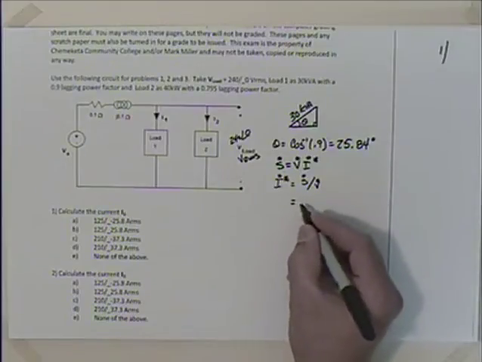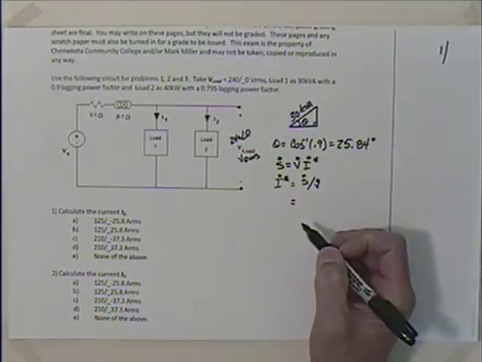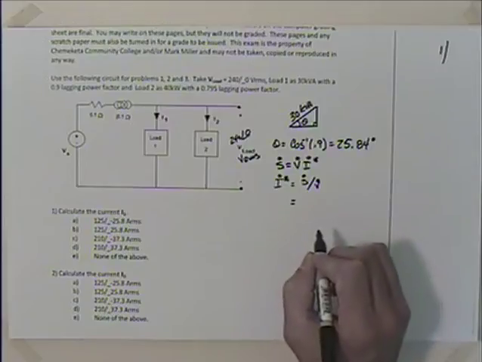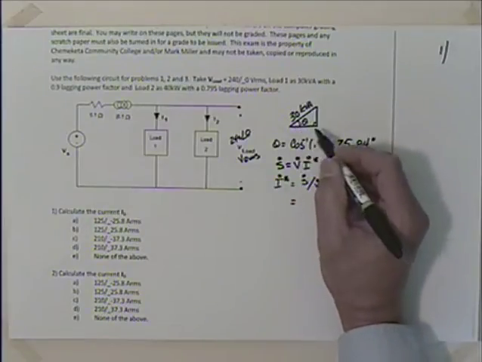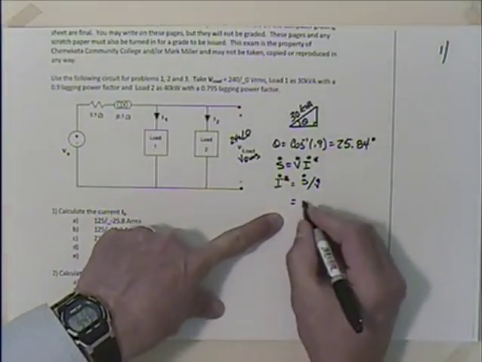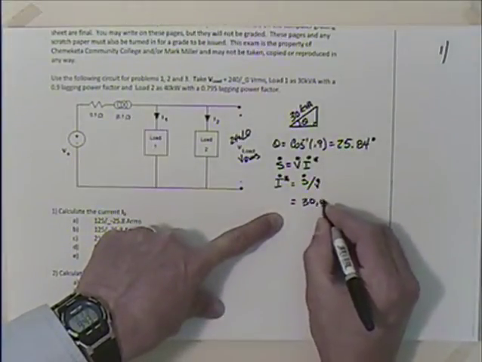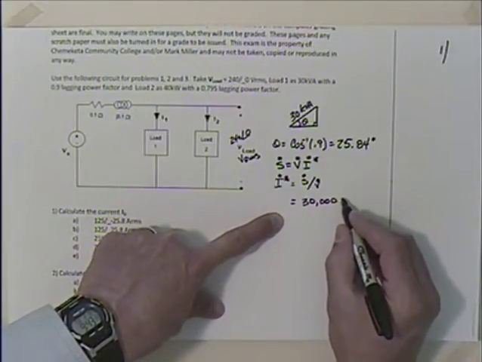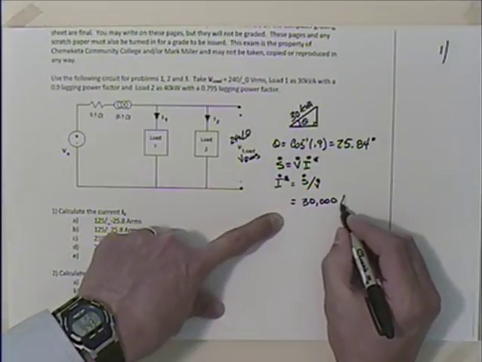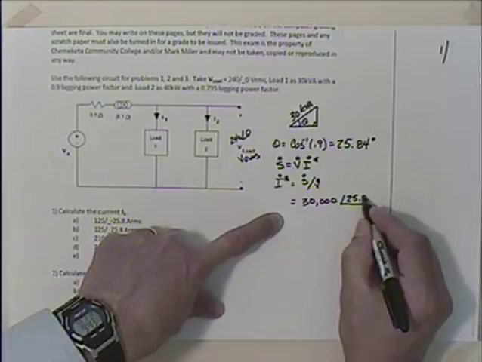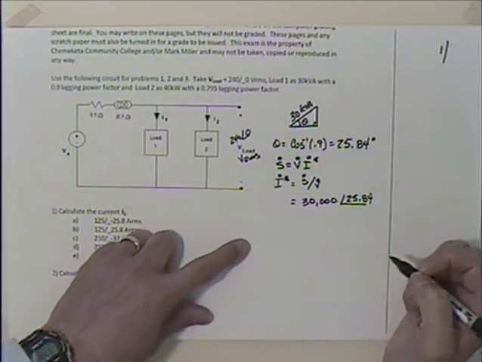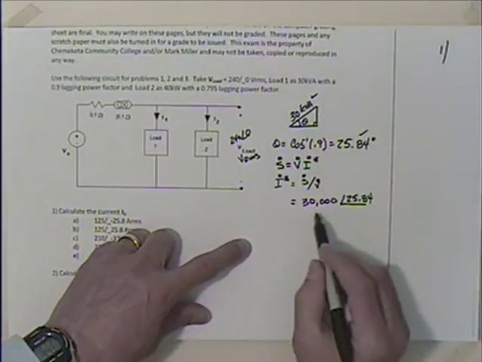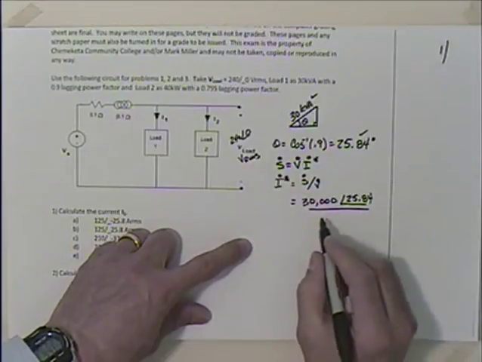So what would we have here? I have 30 kilovolt amps, so 30,000 at an angle of 25.84, and then I have to divide this by the voltage, which is 240 at 0.